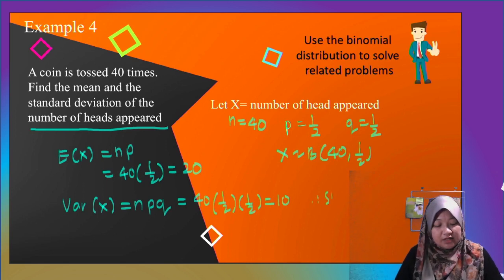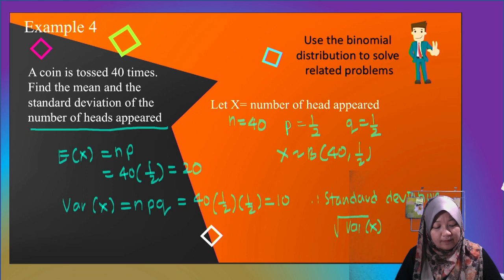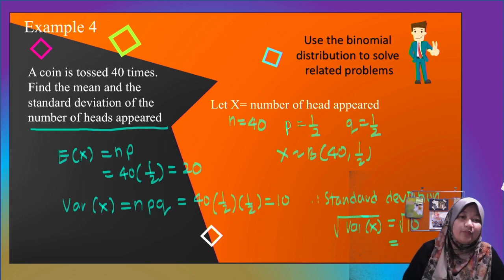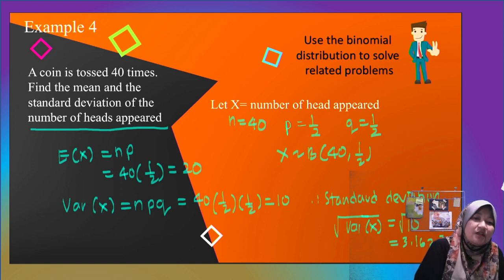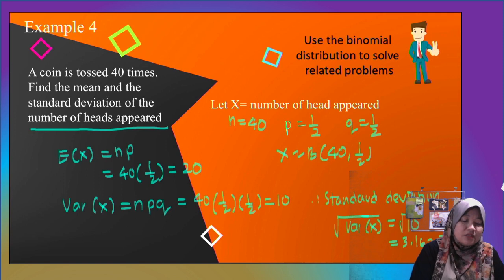So standard deviation is square root of variance. Okay, root 10 equal to 3.1623.